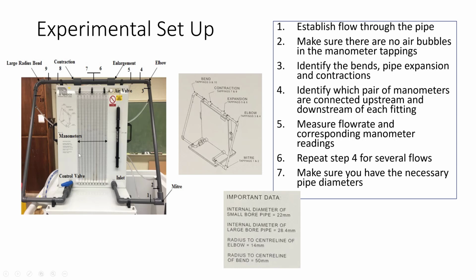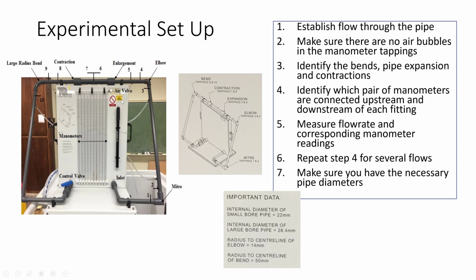What we do is we have an inflow that comes in this way, flows through the meter bend, goes up, flows through the elbow bend, loses some energy there, loses some energy here, and then it goes through the enlargement, and then through the contraction, and then through the large radius bend, and then it's flushed out of our system. And the manometer pairs are numbered, and we know which manometers belong to which bend, which one is upstream and which one's downstream, as long as we know that the water is moving in that direction.